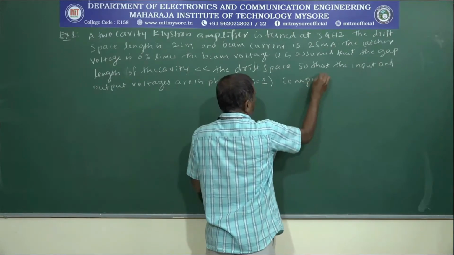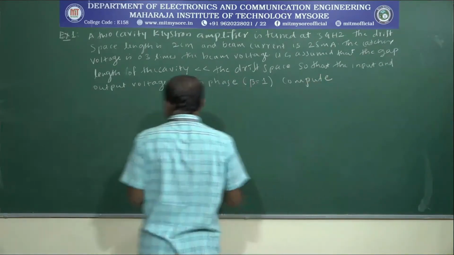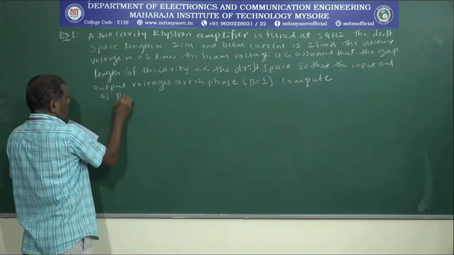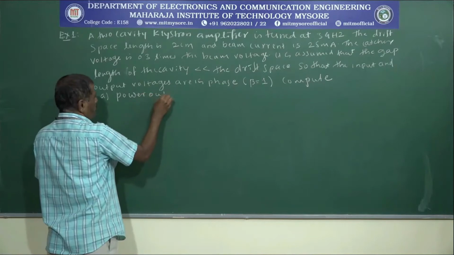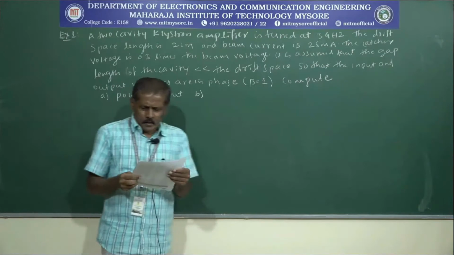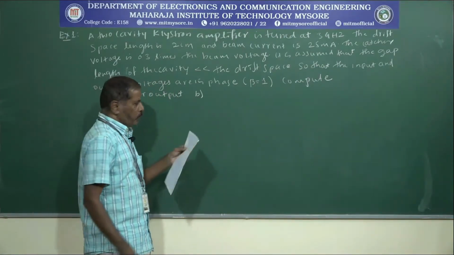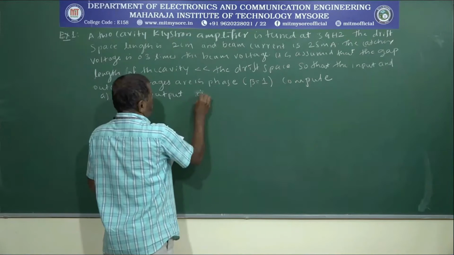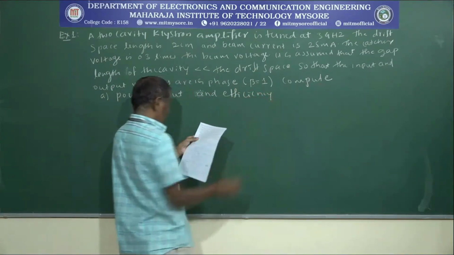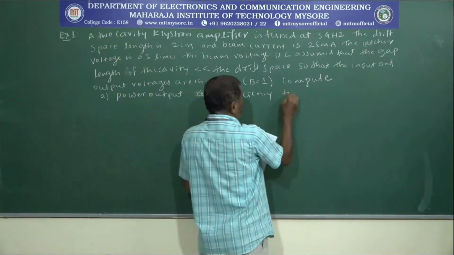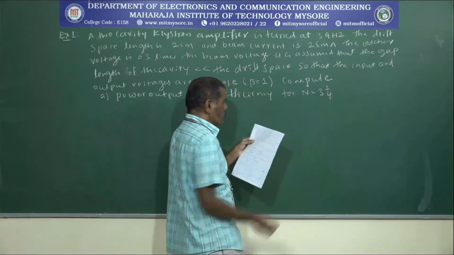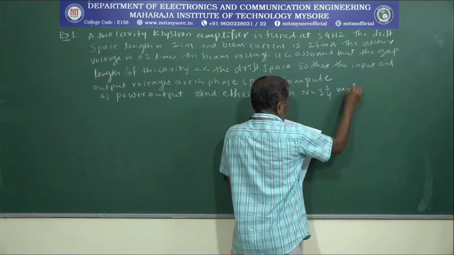compute the parameters: A, power output and efficiency for n equal to 3/4 mode.